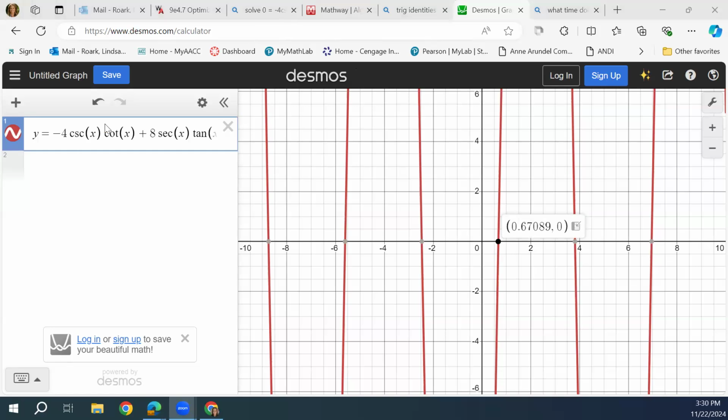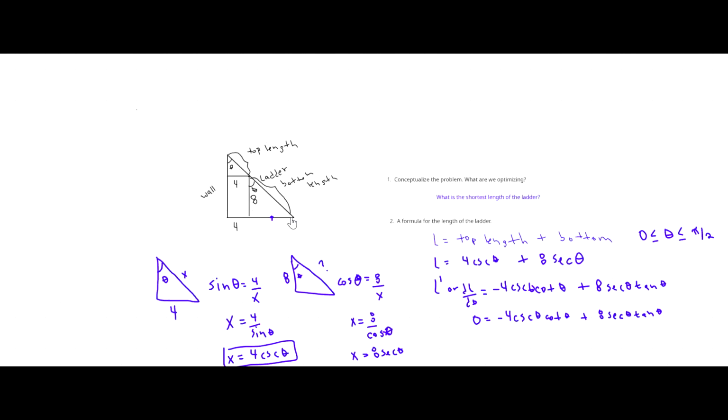But if the trig knowledge so far was enough for you, I would recommend just using your graphing calculator or even something like Desmos to get the solution, because our whole answer can be rounded anyways. So it's kind of a win-win.